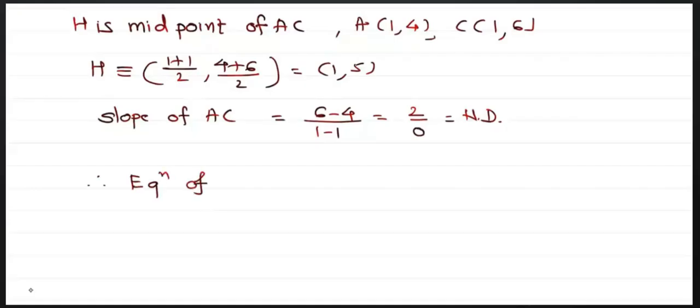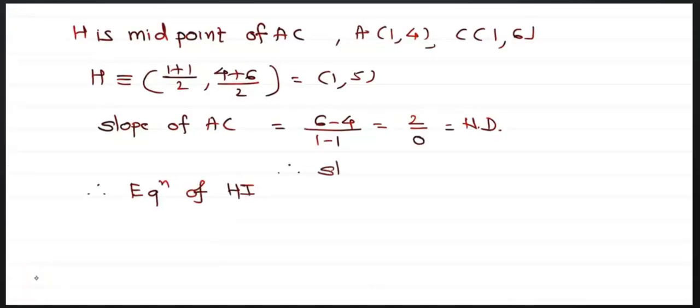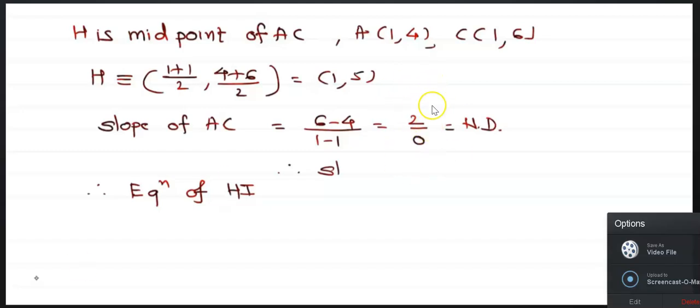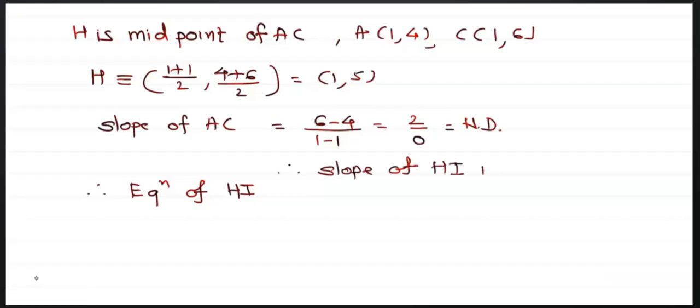Therefore the slope of HI will be the reciprocal of this. Now this is 2 upon 0. Its reciprocal is 0 upon 2. Slope of HI is 0.